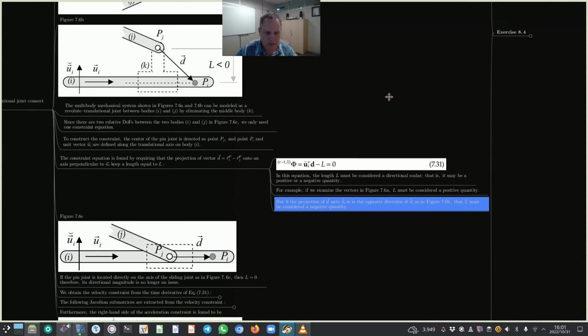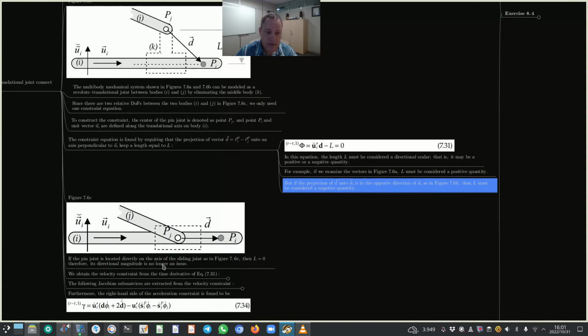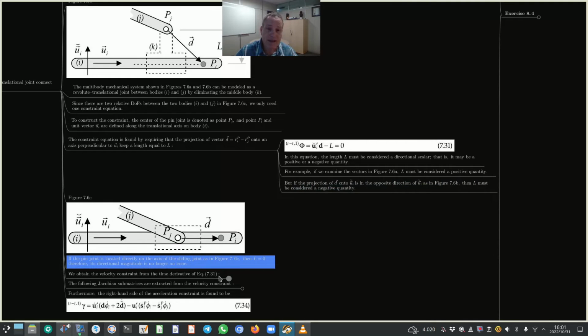Alright, so let's carry on. If the pin joint is located directly on the axis of the sliding joint, as in figure 7.6c, then L equals 0, and therefore its directional magnitude is no longer an issue.